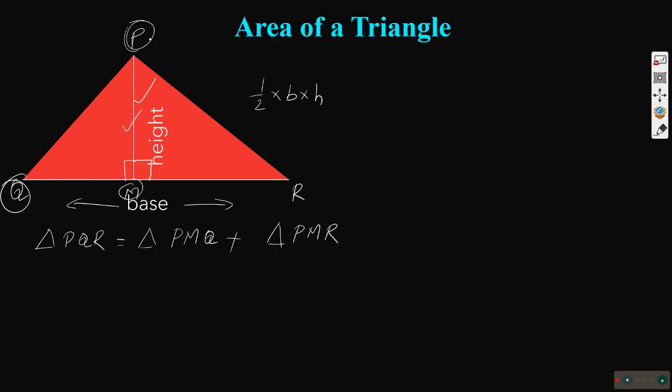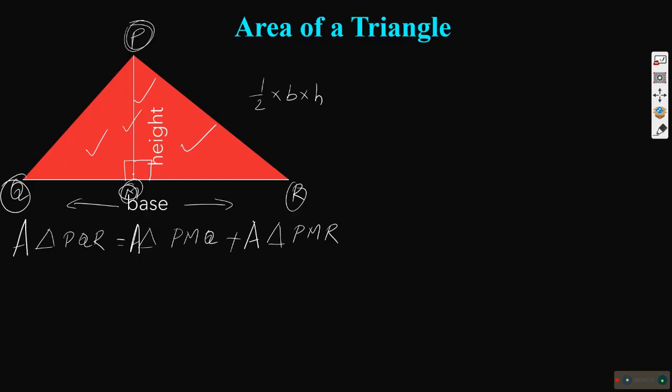PMQ and PMR are the two triangles by which the triangle PQR is formed. So the area of triangle PQR must be equal to the area of triangle PMQ plus the area of triangle PMR. That means this area plus this area together, if added, will give the area of the big triangle PQR.